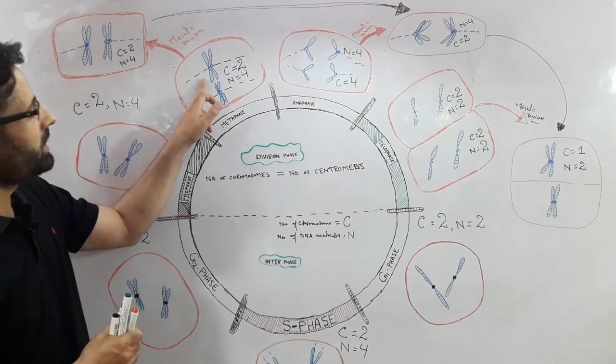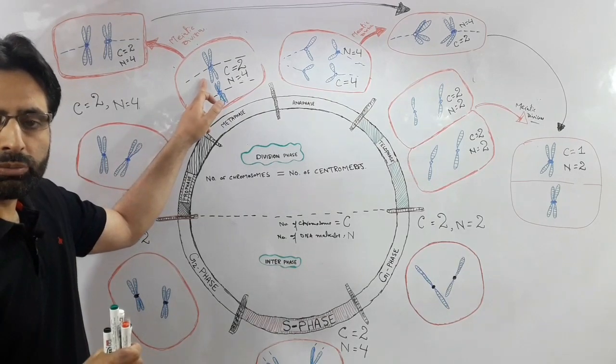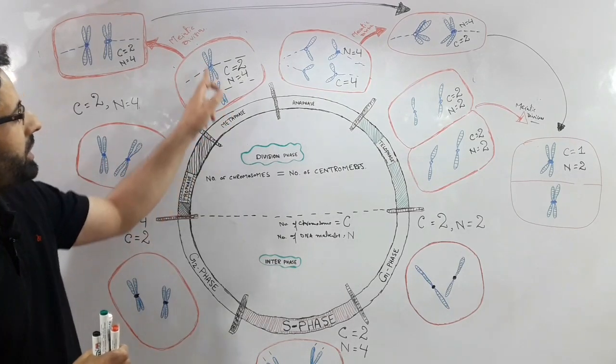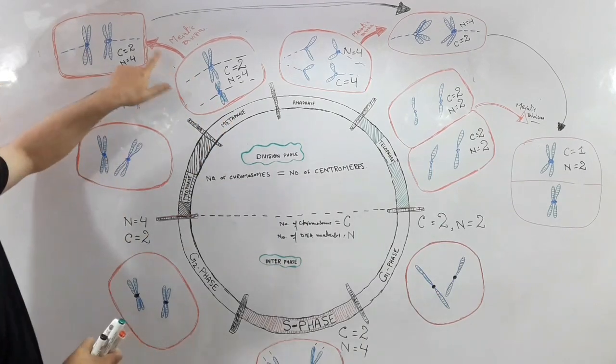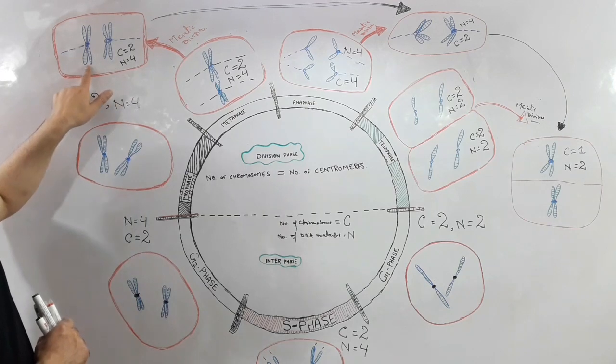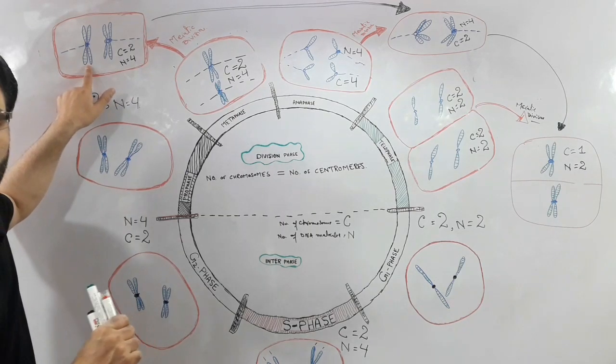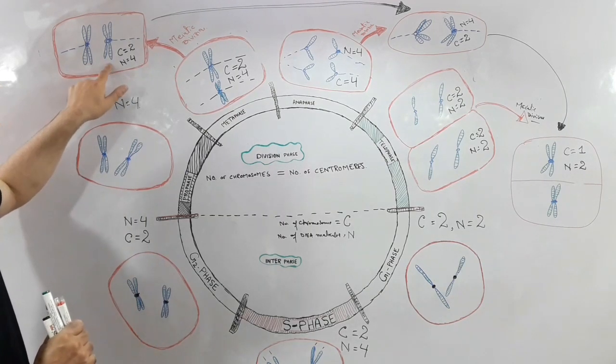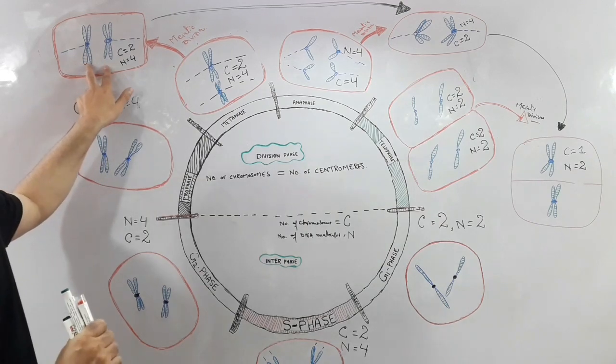In mitosis, individual chromosomes get aligned at the metaphasic plate, and in case of meiosis, as you can see, the chromosomes form pairs. That is, replicated homologous chromosomes form pairs at the metaphasic plate.